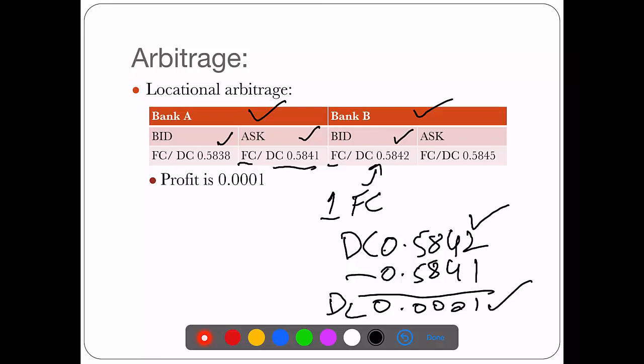He generated a risk-free profit. So this is actually arbitrage.